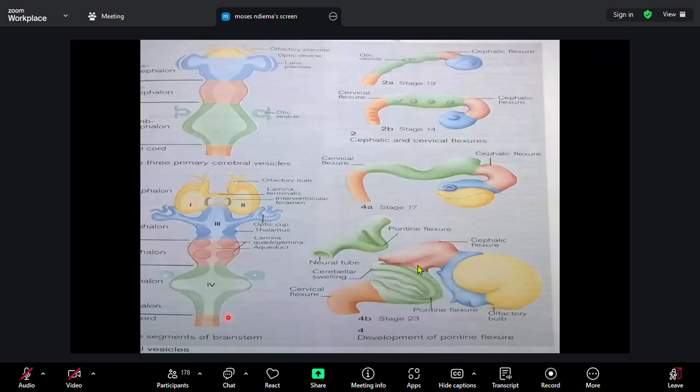We have two foramina, the foramen of Luschka and foramen of Magendie, where the fluid comes out and surrounds the brain, so that the brain is cushioned by cerebrospinal fluid. But we will look at the details when we are looking at the individual parts of the spinal cord and the brain.